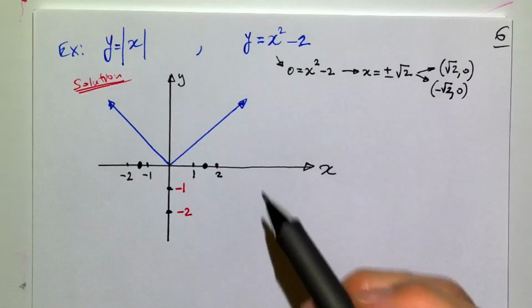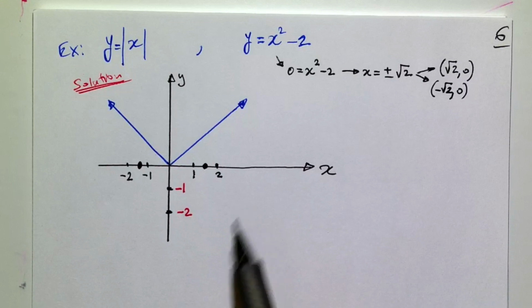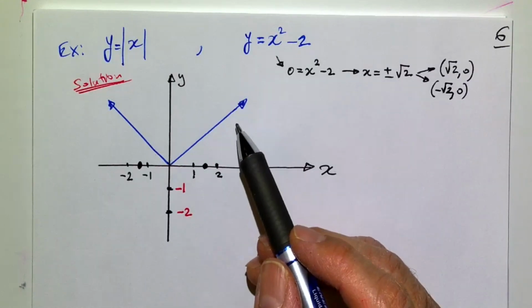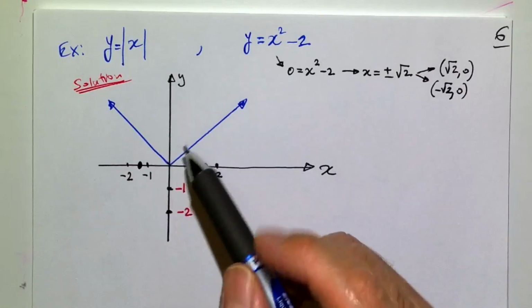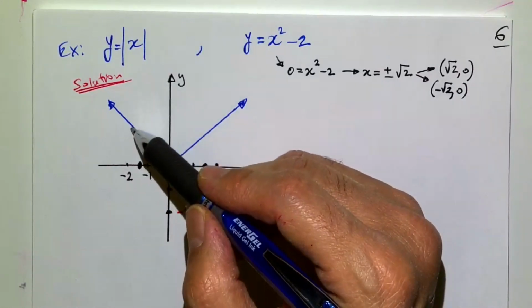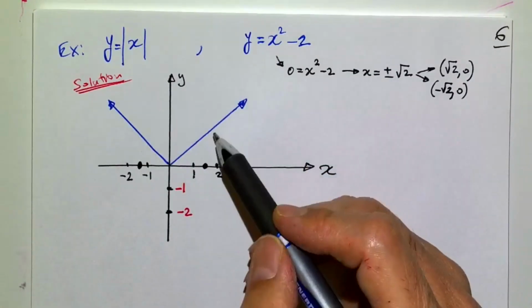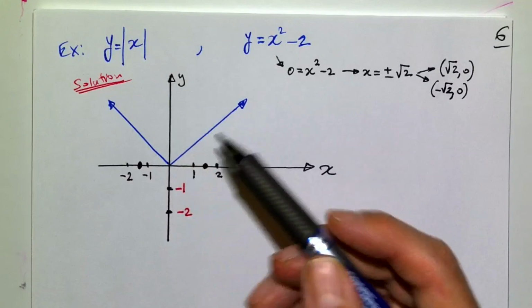Okay. And then at some point they will intersect this. Again, I don't know how good this graph will look at the end, but I'll draw it as best as I can.